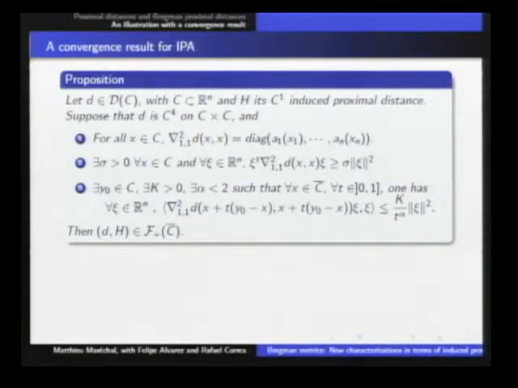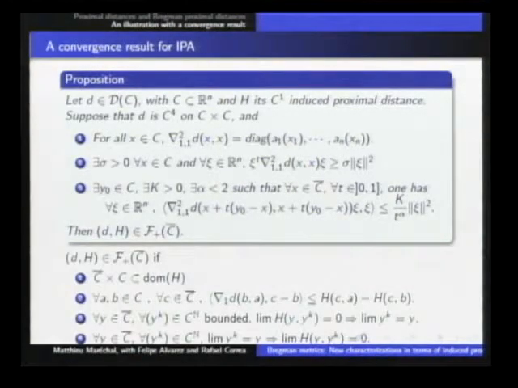And here I take an x which is in the closure of C. That means this quantity here, when t tends to 0, if x is not in C, will go out from C, and that means this quantity may explode. But it will not explode too fast, because we have here a control of the explosion of this quantity.